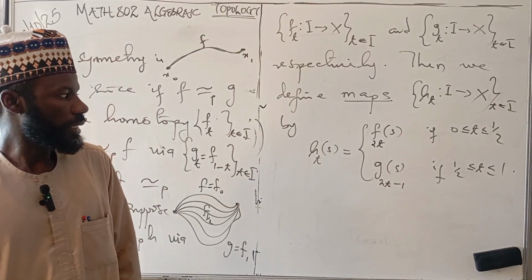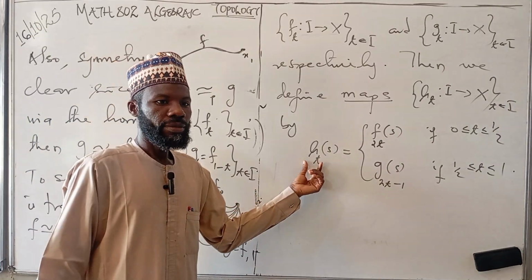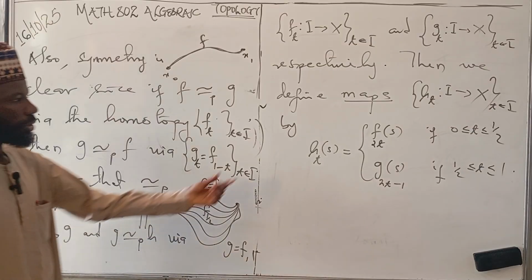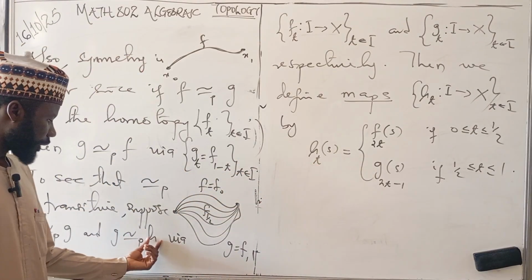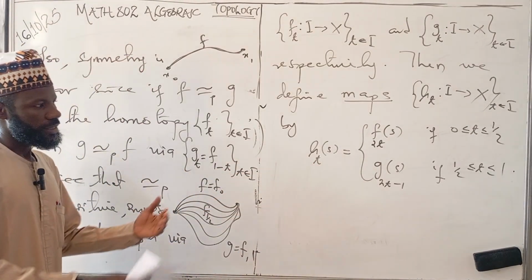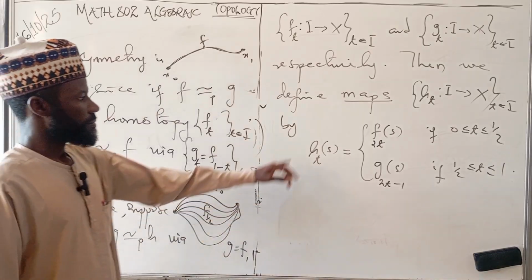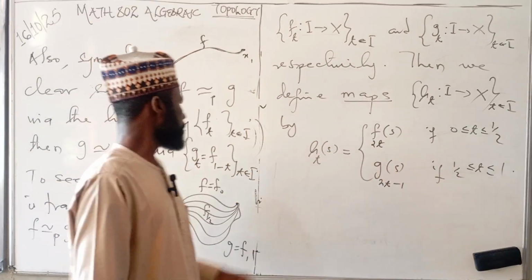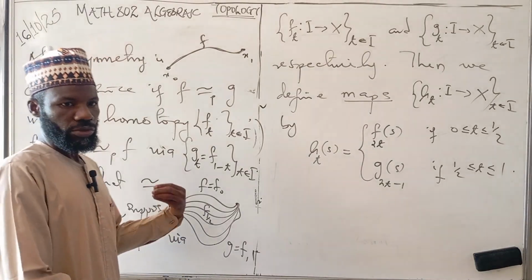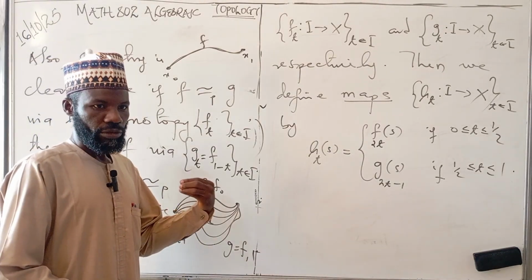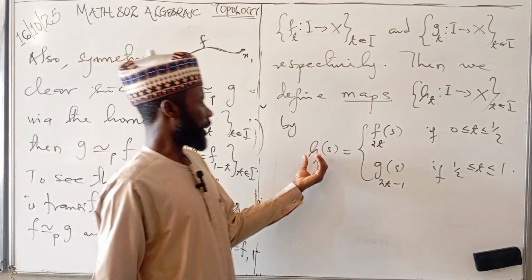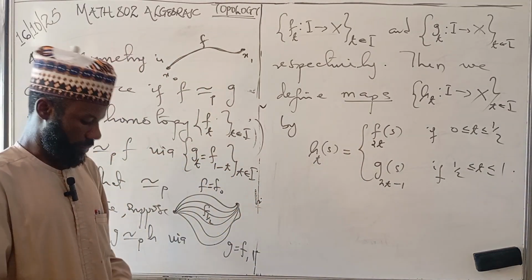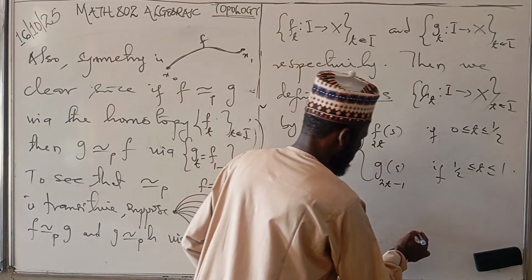That is, H0 should be equal to F, and H1 should be equal to H, and that Ht of 0 should be equal to the point x0, the initial point, and Ht of 1 should be equal to the terminal point at all times, because this is what we are having.